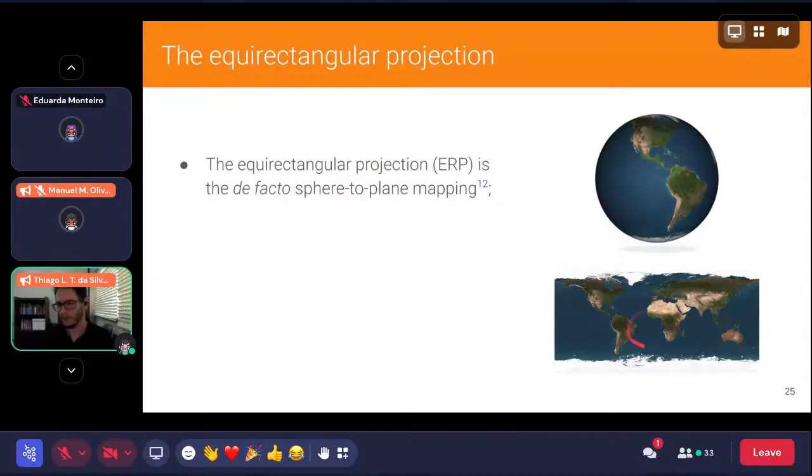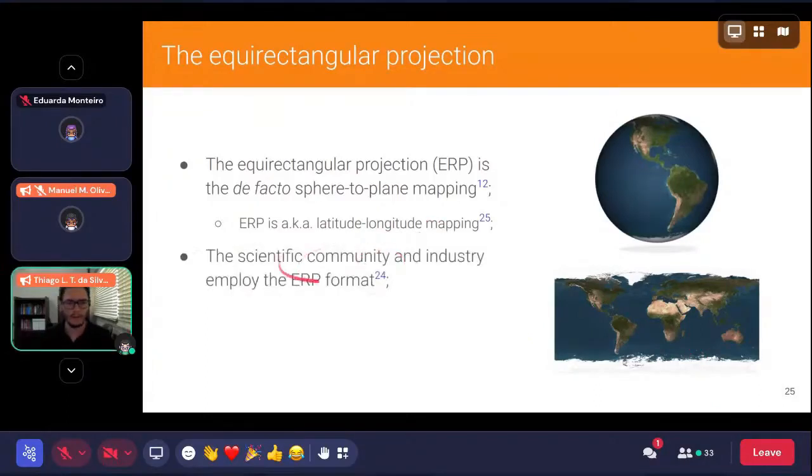So the rectangular projection is actually known as a latitude longitude mapping, and it is very widely used in the scientific community and industry as well. We know the Earth as this kind of 2D mapping because it has some properties that are amazing for some kinds of applications.